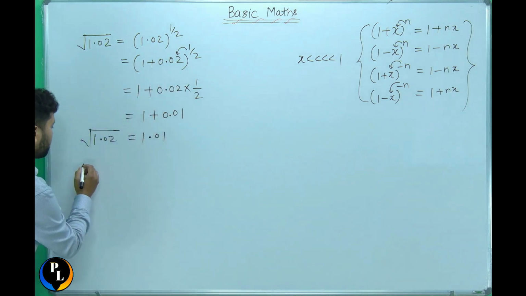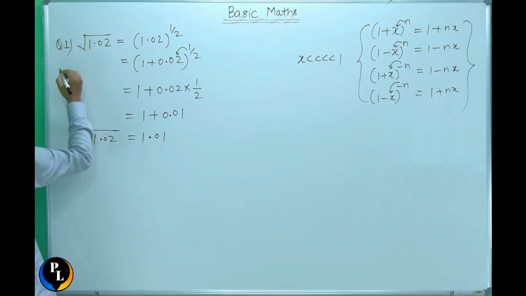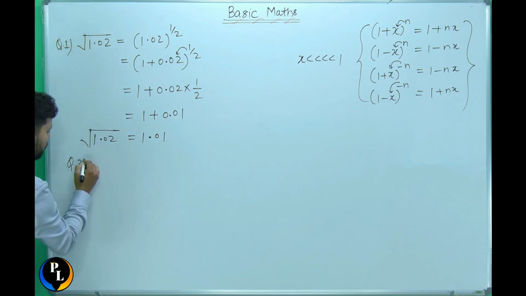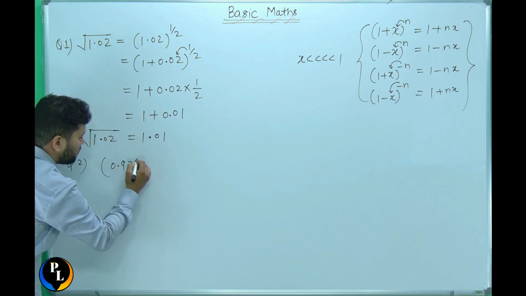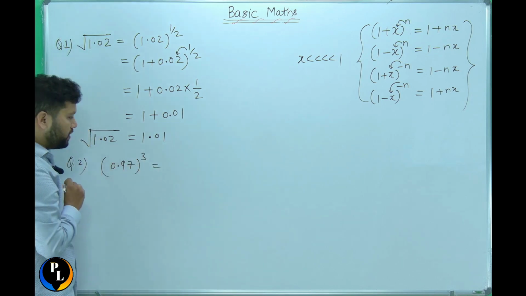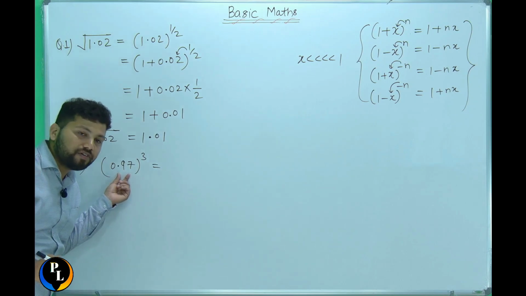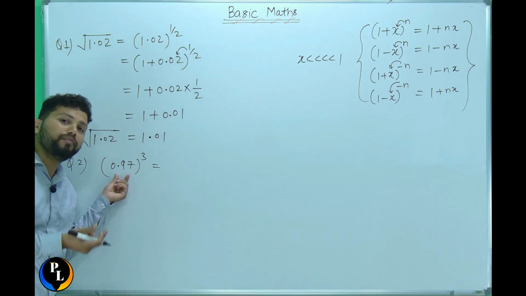Suppose we have to find 0.97 power cube. Now this number is less than 1, so it is obvious that it will come in the form of 1 minus x.